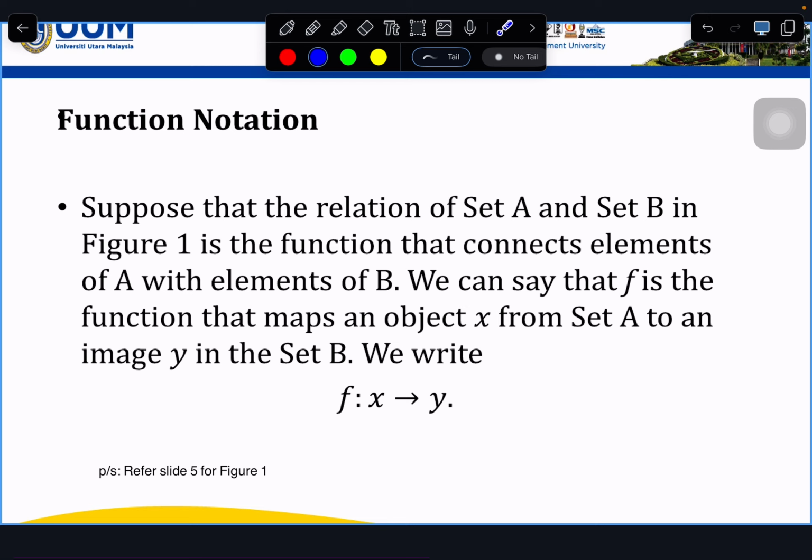Come on, what is notation? Symbol that represents function. Okay. So notation is a symbol or the way we write a function.